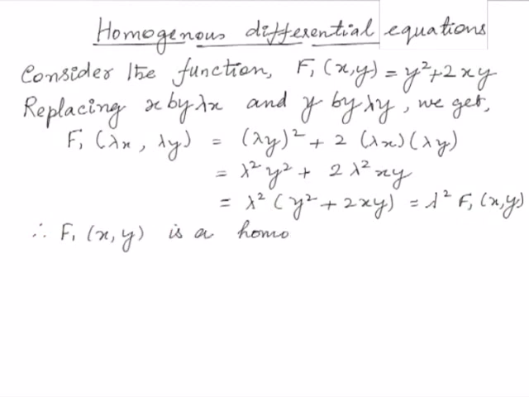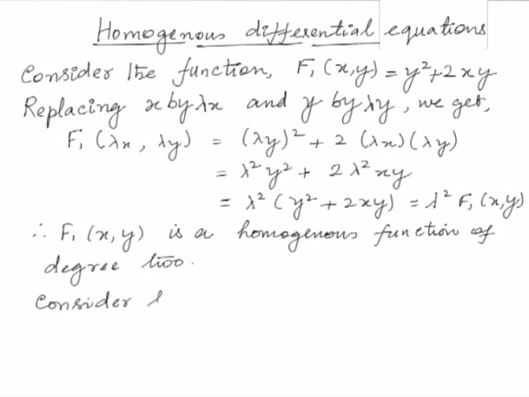So, that is equal to lambda squared into f1 of x, y. So, what is the message here? f1 of x, y is a homogeneous function whose degree is 2. So, we have arrived at f1 of lambda x, lambda y to be equal to lambda power n of f1 of x, y.